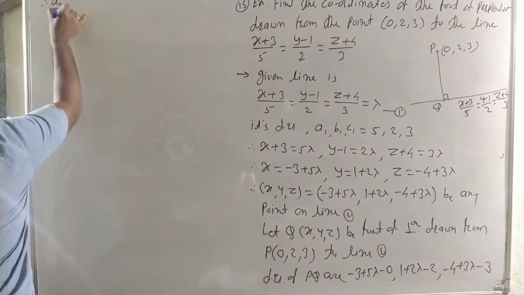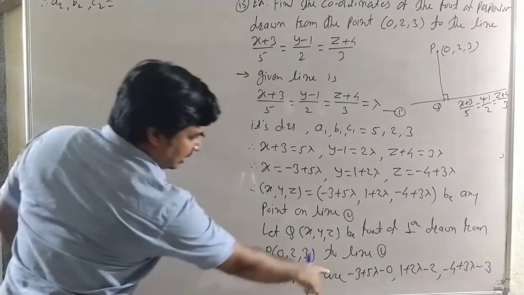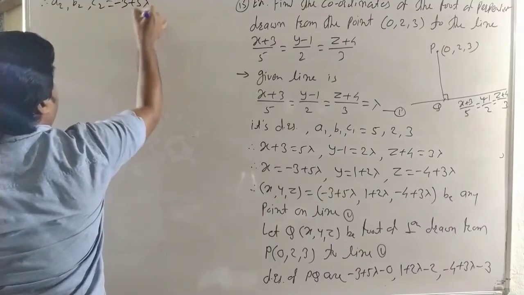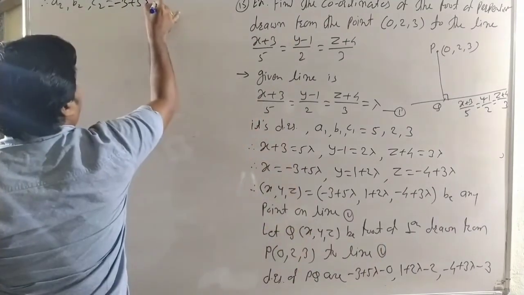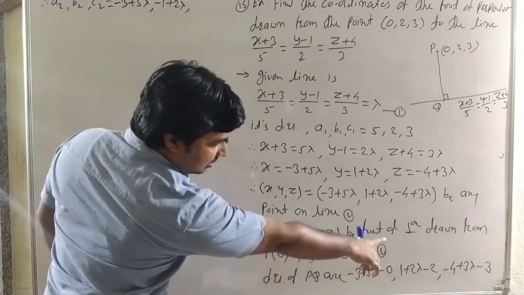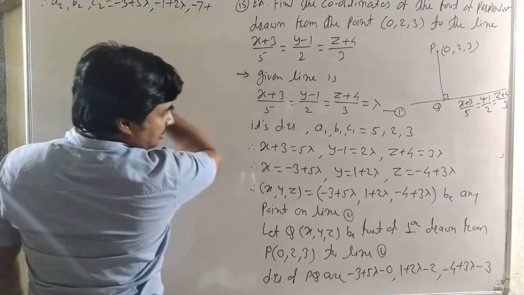Therefore A2, B2 and C2 are -3 + 5 lambda, then 1 - 2 gives -1 + 2 lambda, and lastly -4 - 3 gives -7 + 3 lambda.